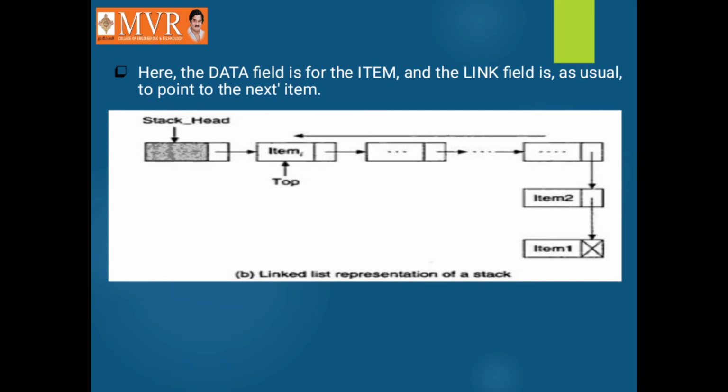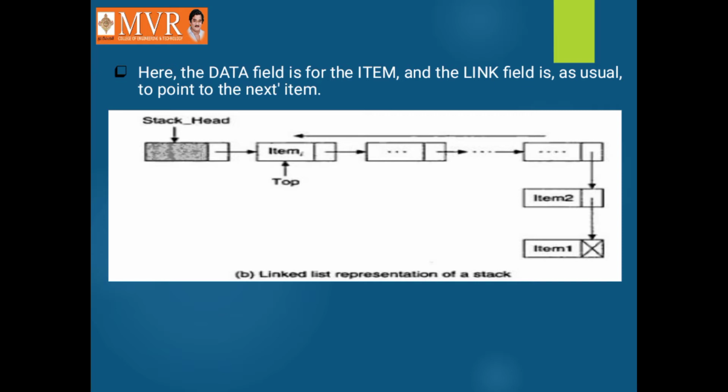Here also stack head is a header node and it points to the first node in the linked list. Here if I want to insert an element into a linked list, I will be inserting it after the header node. That will be my top. That is, the top element is the recently inserted element. That is, the last inserted element will be after my header node.